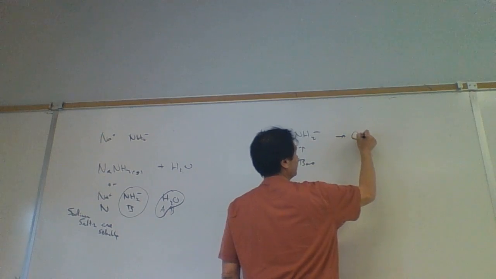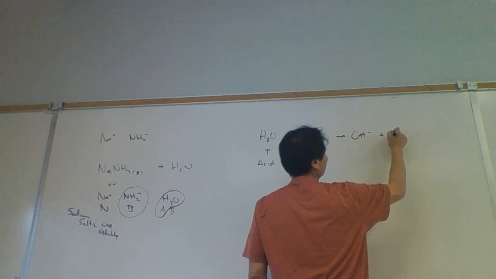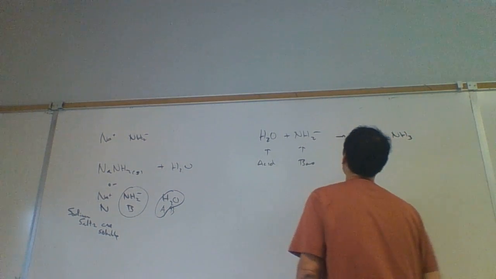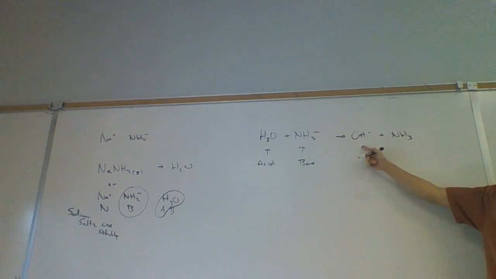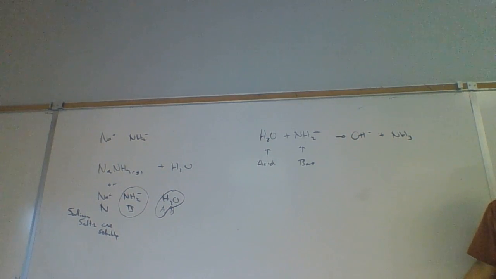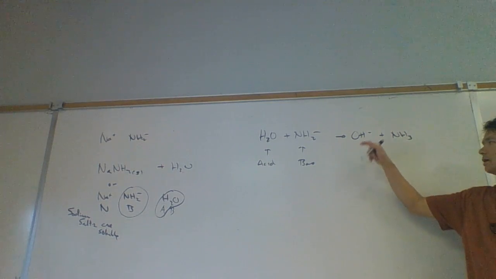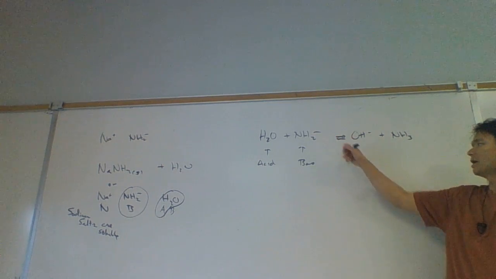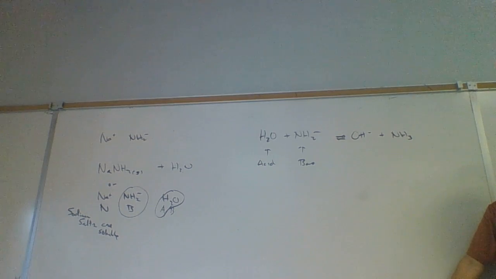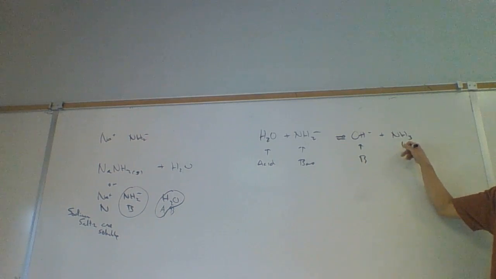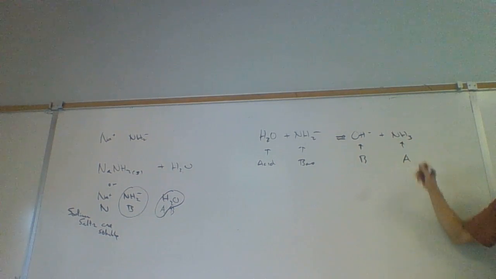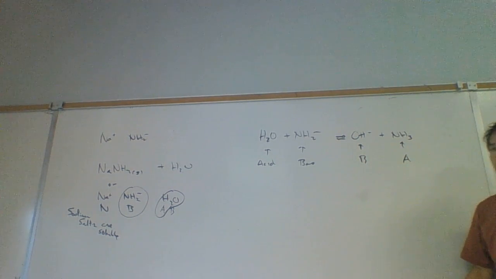OH minus and ammonia. Normally we think of hydroxide as a strong base and ammonia as a weak base, but in this reaction we label it going backwards. Going backwards, which one acts as the base and which as the acid? So this is the base, and this would be the acid. It's a bit unusual, but it can happen.